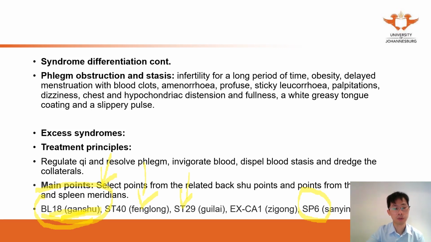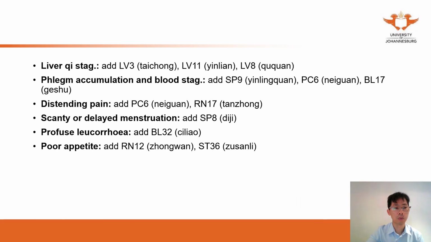That's why for deficiency we can use Back-Shu points. Apart from these, we can also use other points related to the kidney, such as the Back-Shu point of the kidney and Kidney 3. These are different points related to different syndromes.